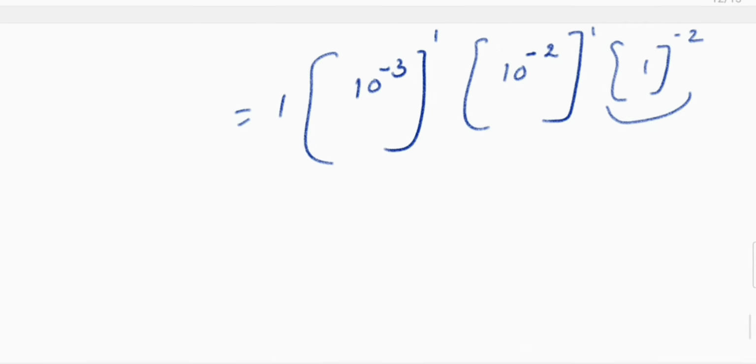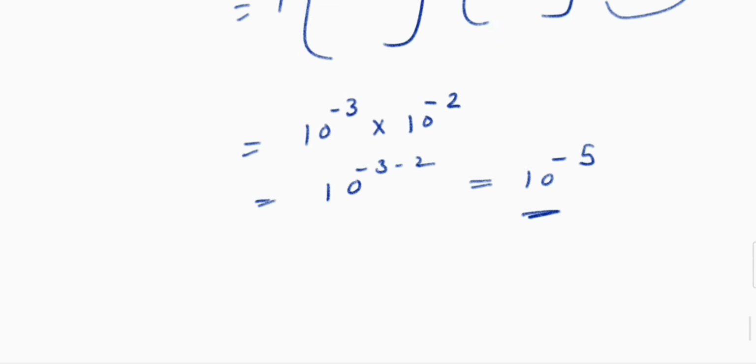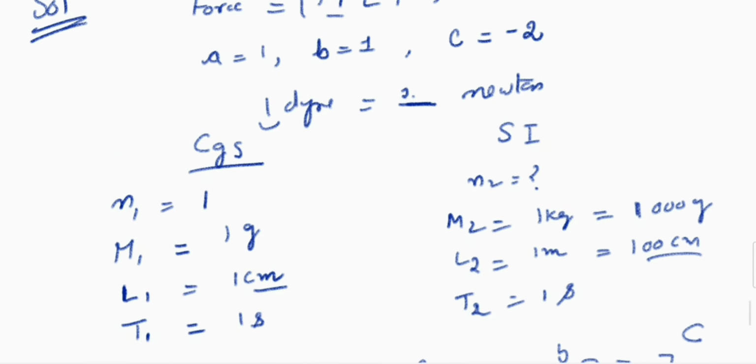I'm not going to write that. So I'll get here 10 raised to power minus 3 multiplied by 10 raised to power minus 2, which is equal to 10 raised to power minus 3 minus 2, which is equal to 10 raised to power minus 5. So we'll put this n2 value here, which is equal to 10 raised to power minus 5.